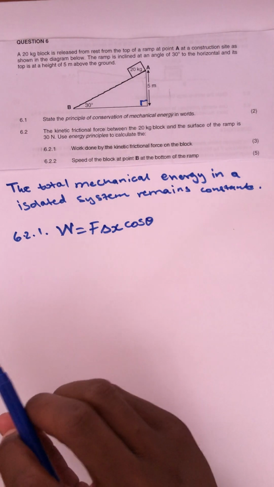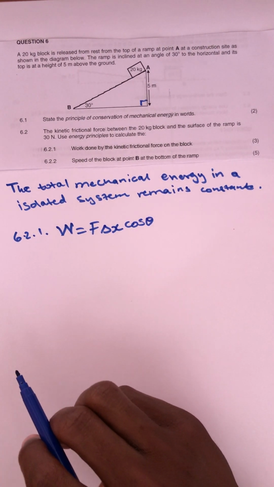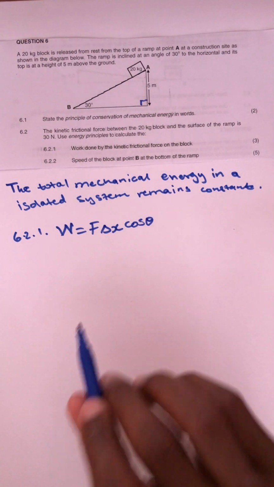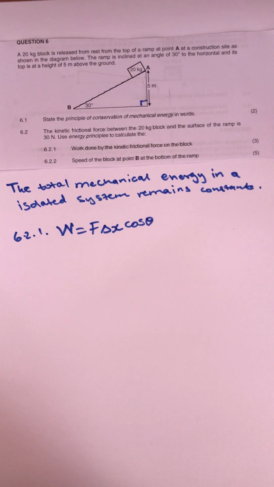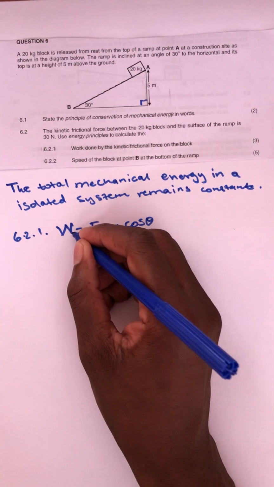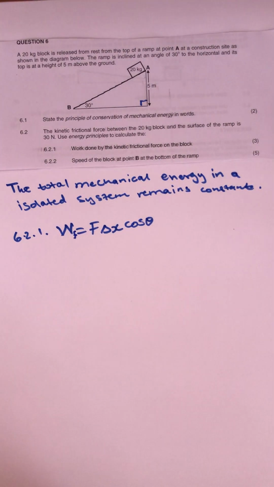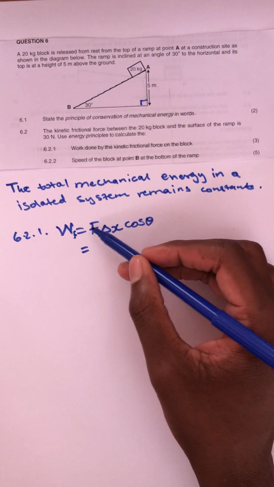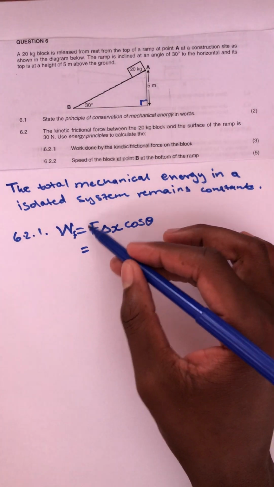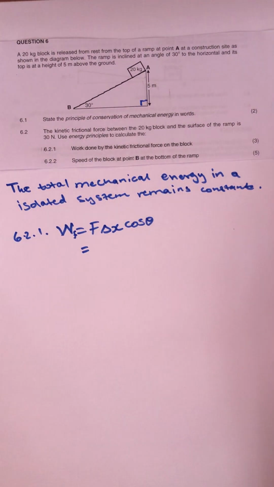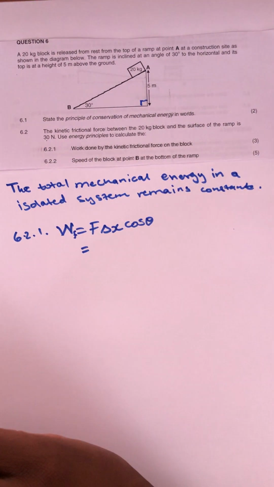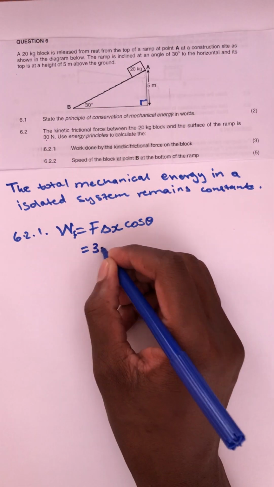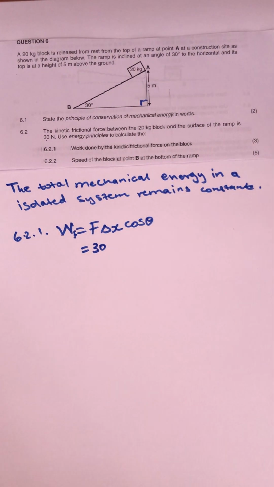The angle is the direction of the object. Since we're talking about the work done by frictional force, we put a small f for frictional force. What is this force? It is the force that is applying on the object, the frictional force. We are given frictional force as 30 Newton.